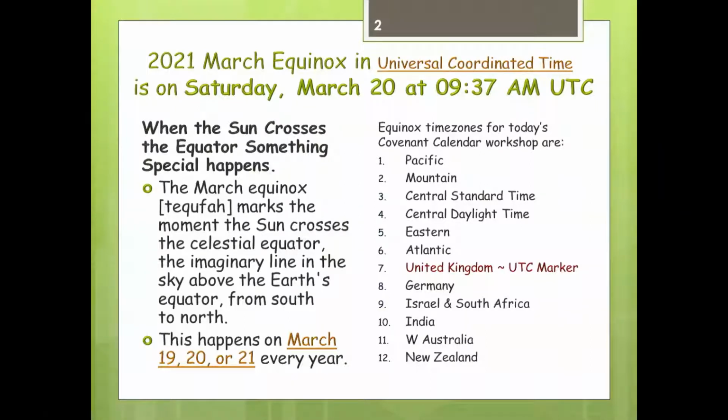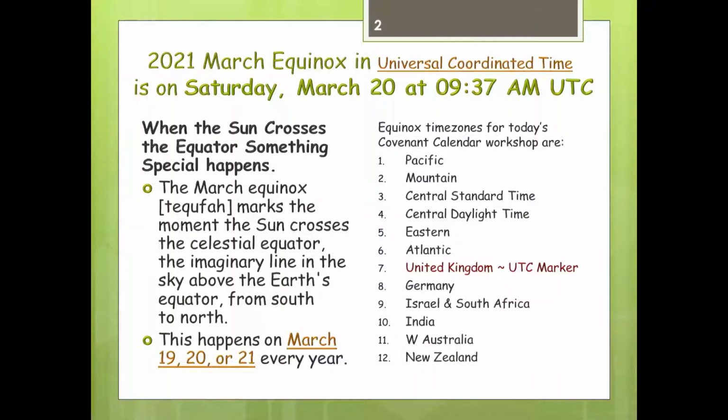This is not to be confused with the equilux. This is equinox. Equilux is what some are saying is equal day and equal night, but that's not exactly what happens.